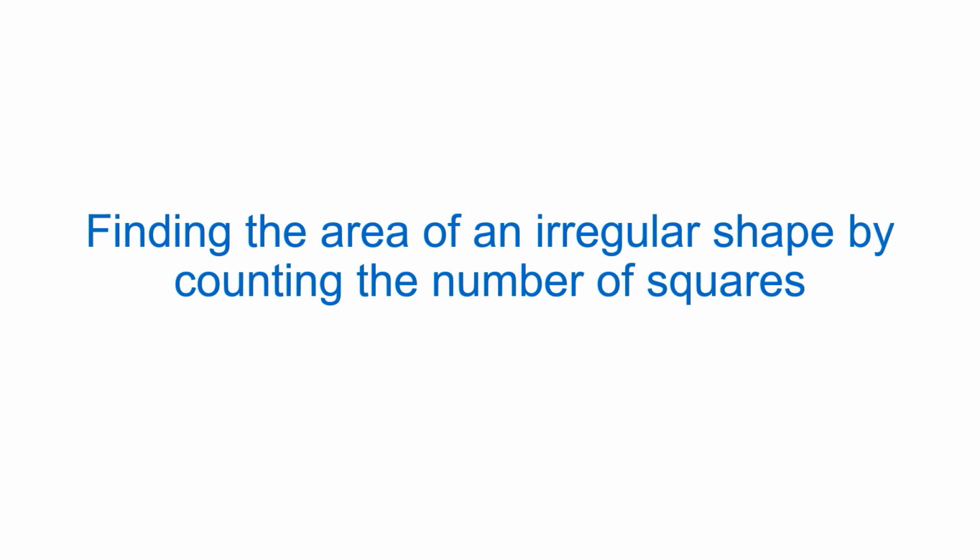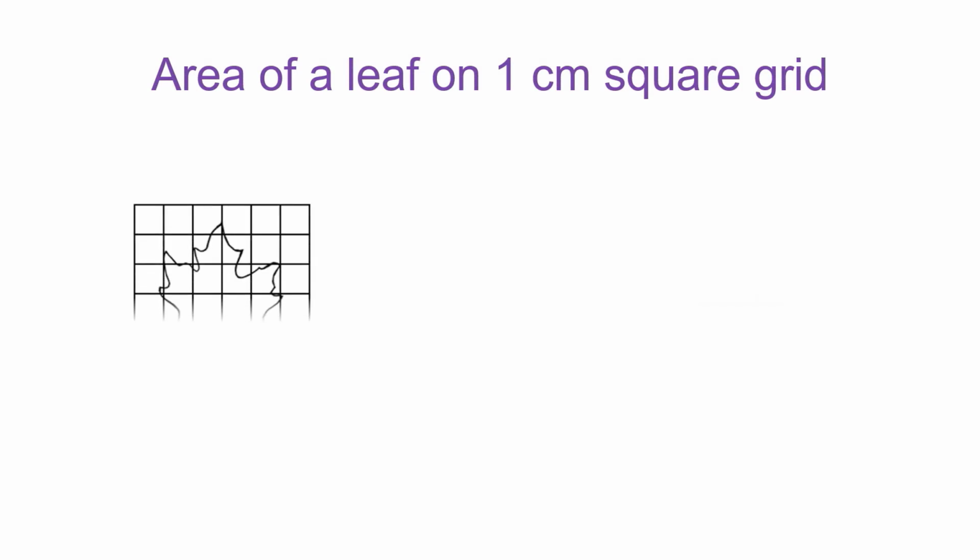Finding the area of an irregular shape by counting the number of squares. Let us find out the area of a leaf on 1 centimeter square grid. Look at this picture carefully. There is a leaf on 1 centimeter square grid. 1 centimeter square grid is made of 1 centimeter squares.